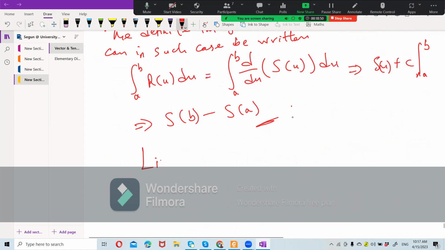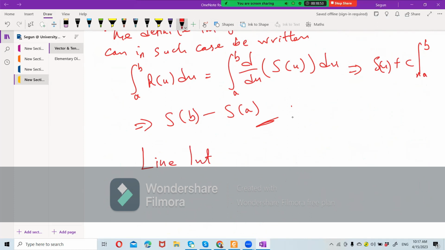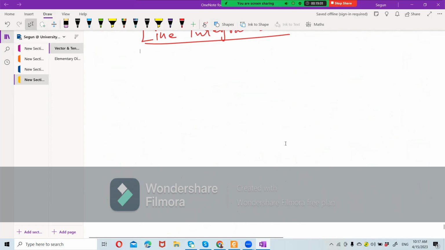Okay, line integral. Under the line integral, what are the things we need to look into?